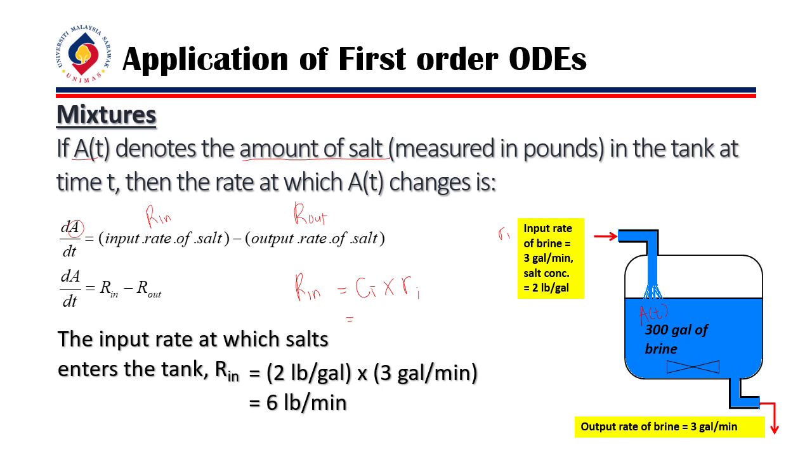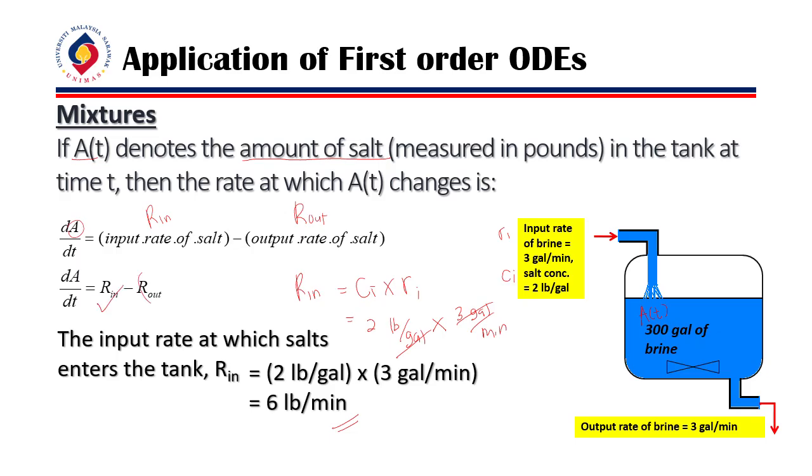In this case, C in here is 2 pounds per gallon, times the input rate of 3 gallons per minute. We cancel out gallons here and we get 6 pounds per minute.